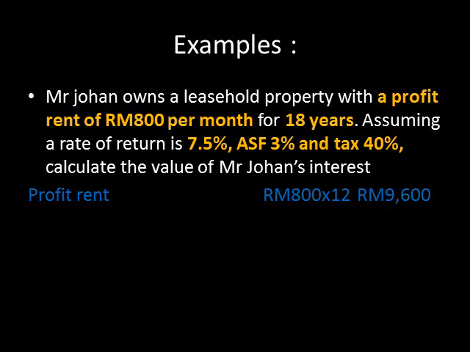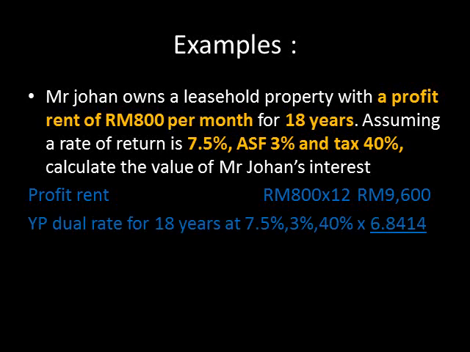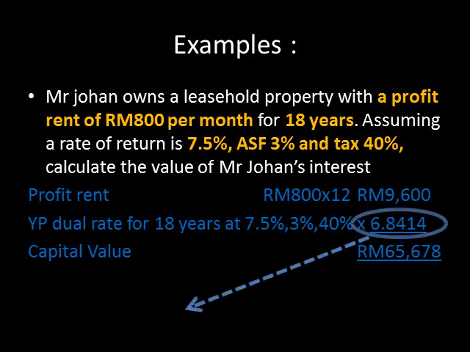Because it is 800 per month, you need to times with 12. Then times with the YP2R rate for 18 years at 7.5%, 3% sinking fund, and 40% tax. So it is 6.8414, so the interest will be 65,678 ringgit.